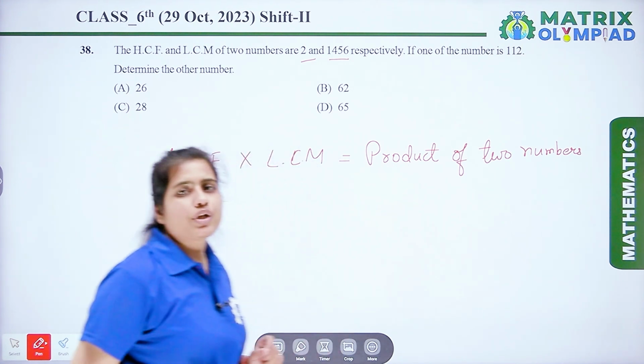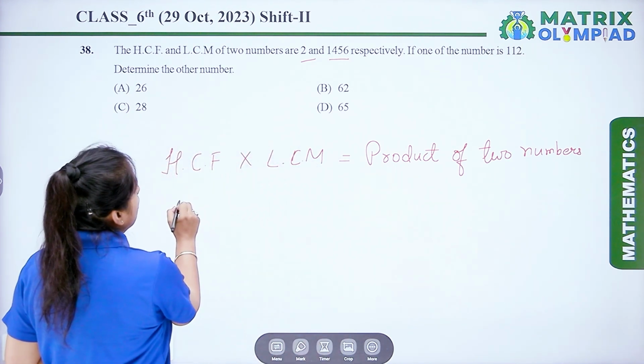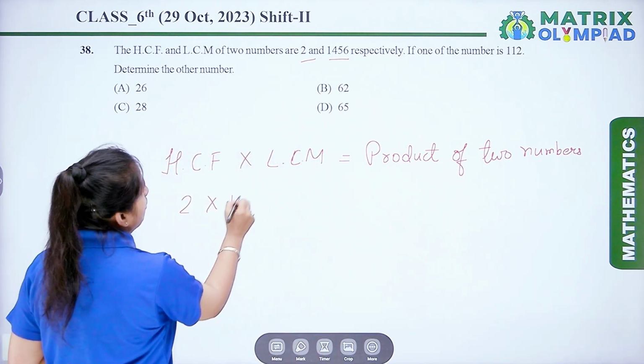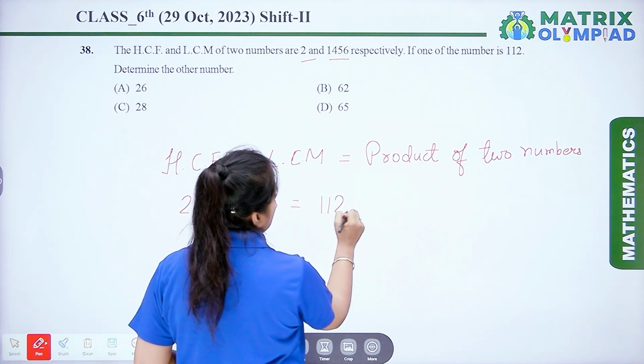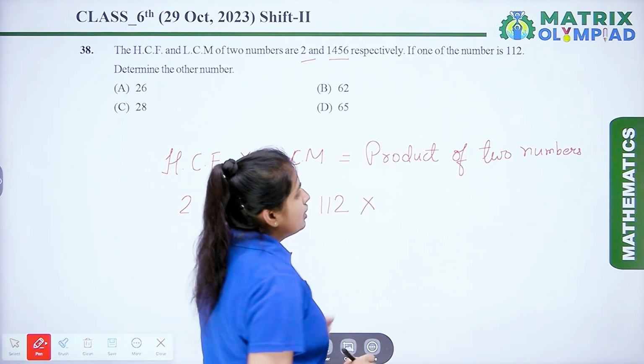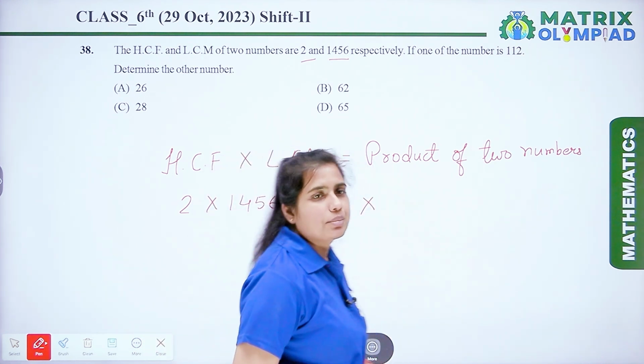So here we are going to put the values: 2 multiplied by 1456 equals 112 multiplied by the unknown number x.